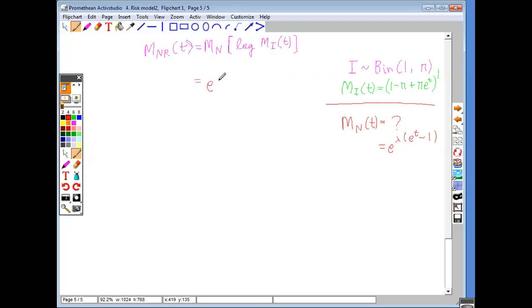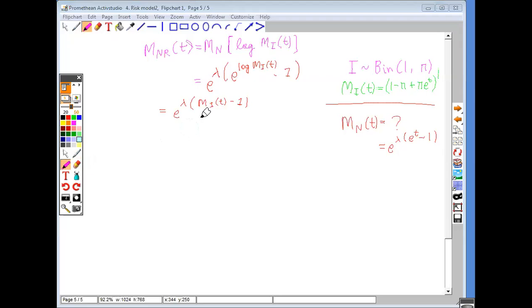So I'll write e raised to lambda times (e raised to, and instead of t, log of M_I(t), minus 1). But if I have e and log, it will just get cancelled. So I have e raised to lambda times (M_I(t) minus 1), right?